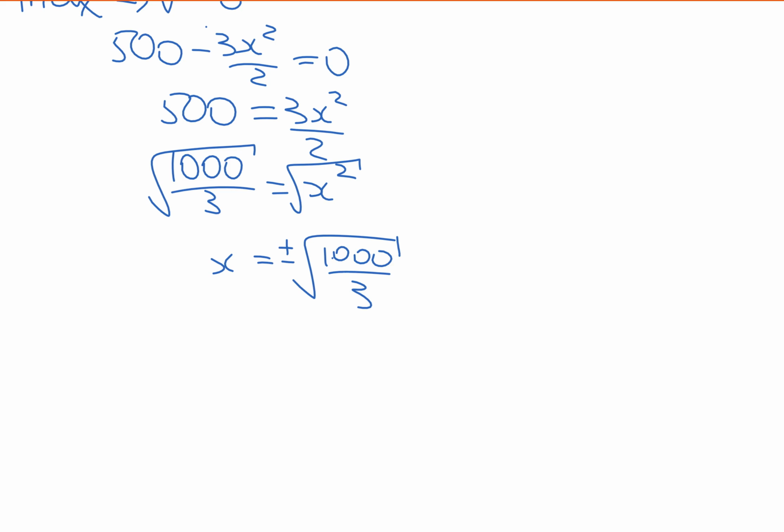So x is therefore, what is the square root of 1,000 divided by 3? 18.257. Something like that. Alright, happy with that?